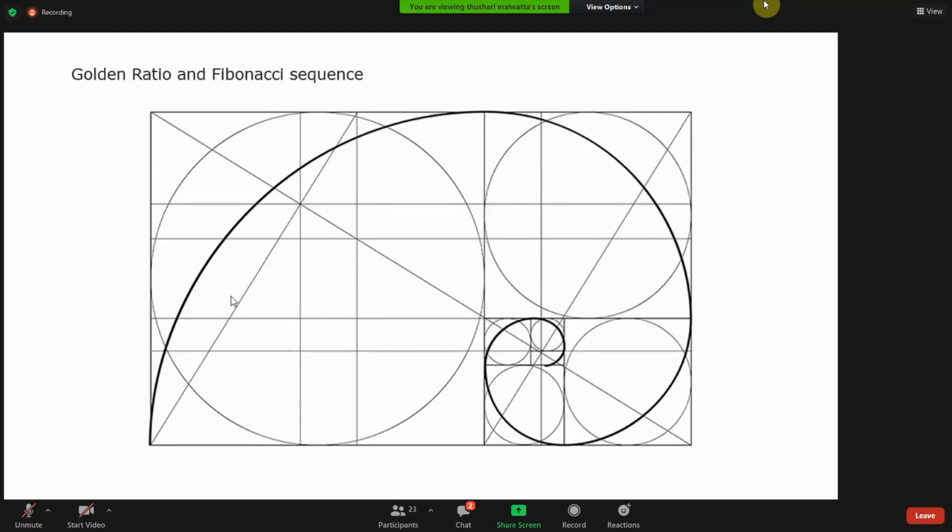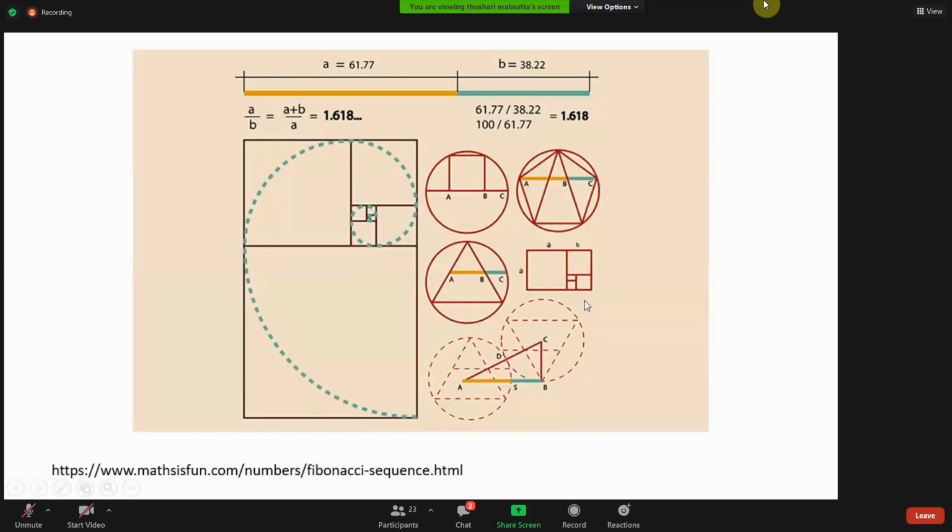So when you divide a square or anything, this is a rectangle, into Fibonacci numbers, then you get these lines. So it is said that when you compose something into this spiral, it is more interesting, and naturally most of the things there are very good examples of the Fibonacci sequence, like this one.